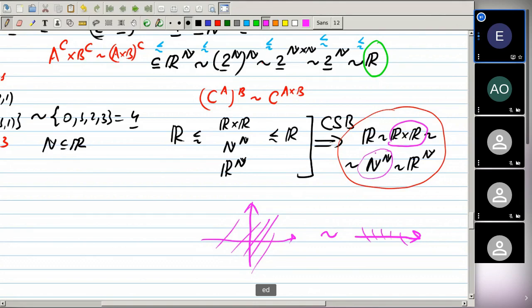As many as we have real numbers. How many functions from naturals to reals do we have? How many sequences of reals do we have? In fact, as many sequences as we have real numbers.